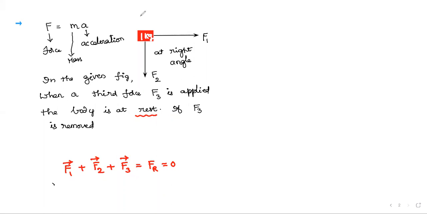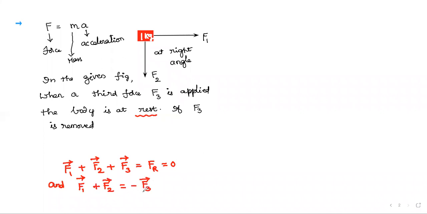And the second information from the question: F3 is removed and two forces, F1 and F2, are there. So we can say one more thing: F1 bar plus F2 bar is equal to, by taking F3 bar to the other side, minus F3 bar.